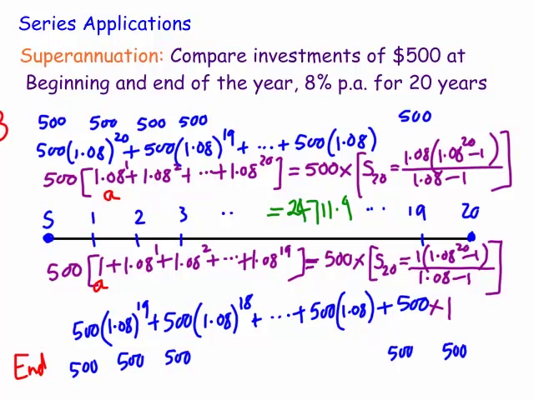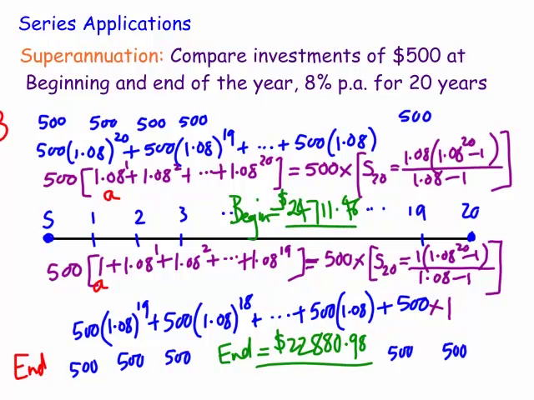The sum of the series at the end, the end total, is about $22,880.98. You need to put that into the calculator.